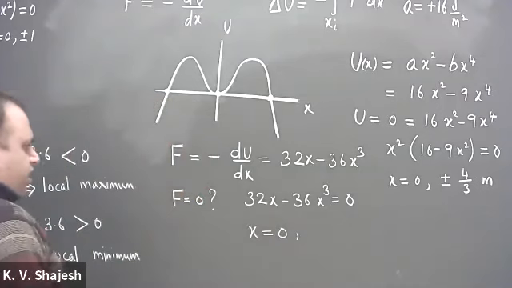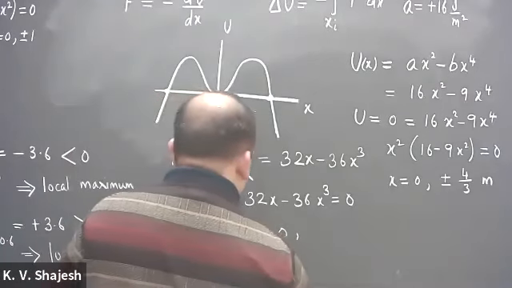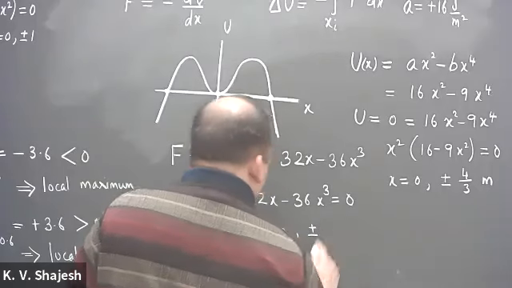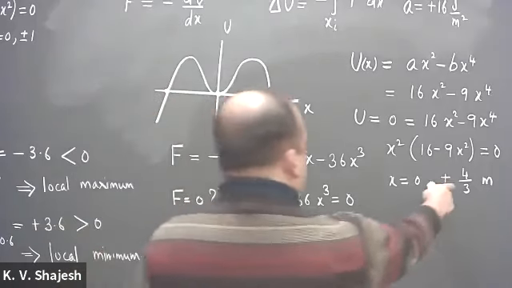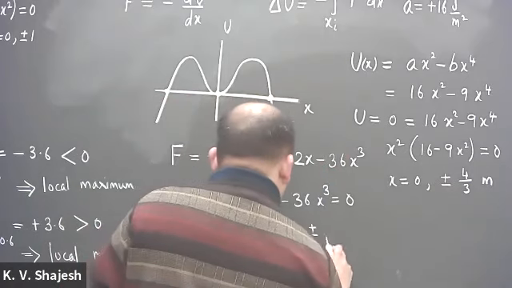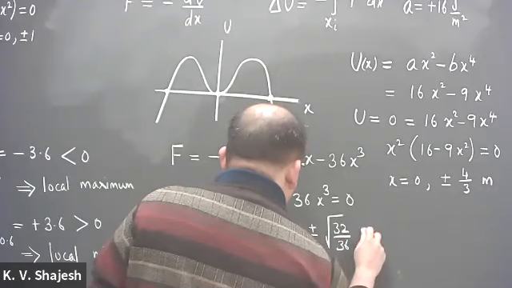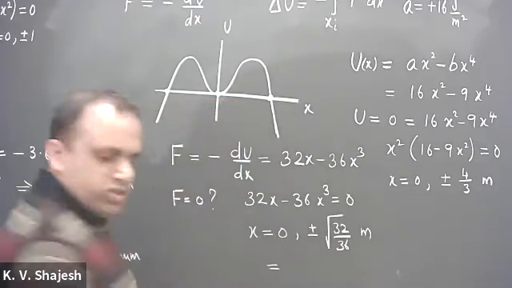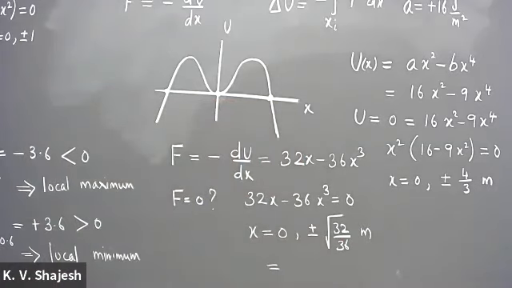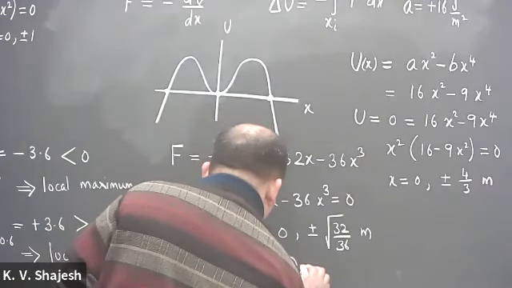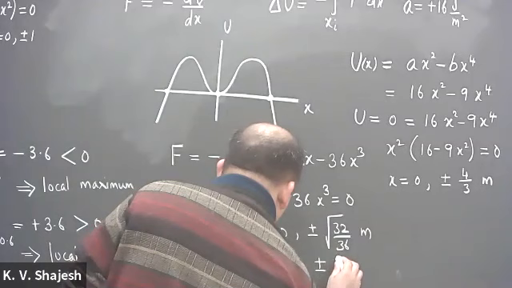And the other solutions are plus or minus square root of 32 over 36 meters. That's 0.94. So that's 0 and plus or minus 0.94 meters.